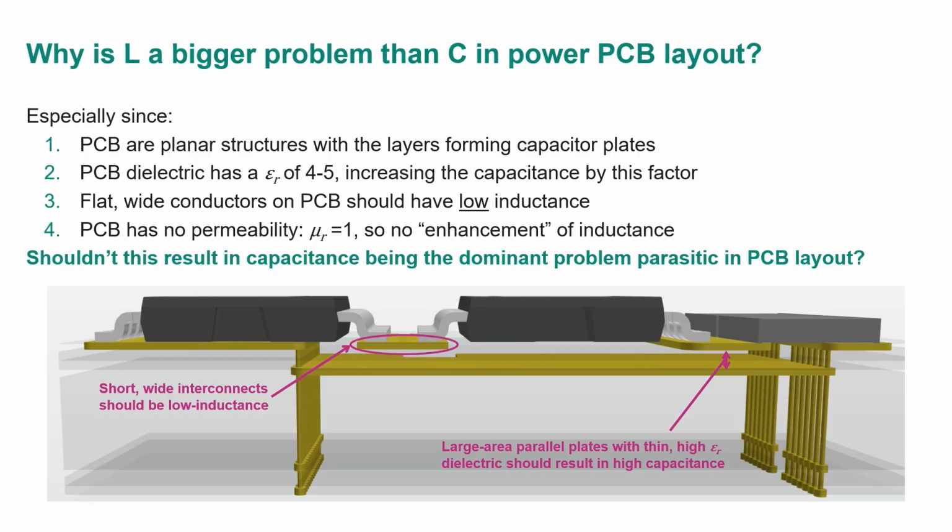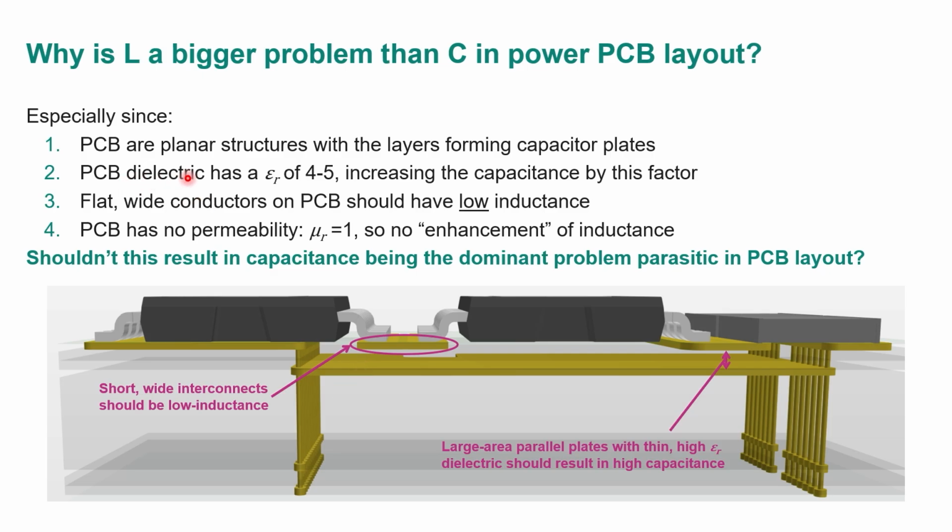So one question that I've thought about is, why is it that on a circuit board, inductance always tends to be the biggest problem rather than capacitance? Especially because you have a planar structure, right? And usually flat, wide conductors are lower inductance than round, widely spaced ones.